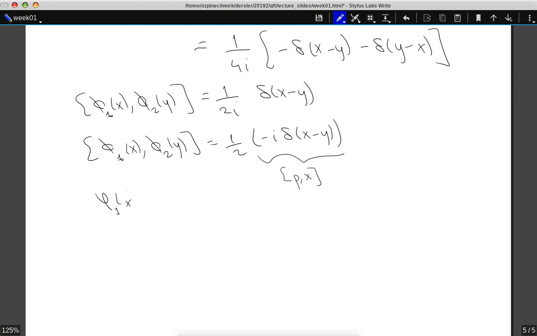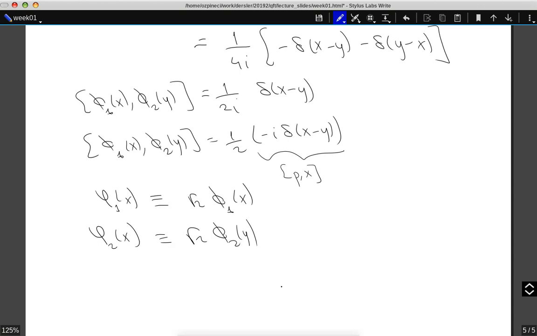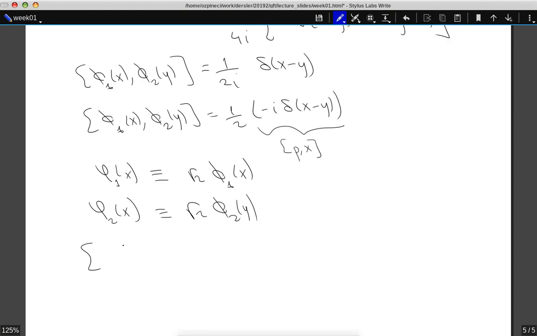Let me redefine phi 1 of x as square root of 2 phi 1 of x, and phi 2 of x is equal to square root of 2 of phi 2 of x. So this gives me that the commutator of phi 1 of x and phi 2 of x is actually equal to, there's an additional factor of 2 now, that cancels, i Kronecker delta x minus y.